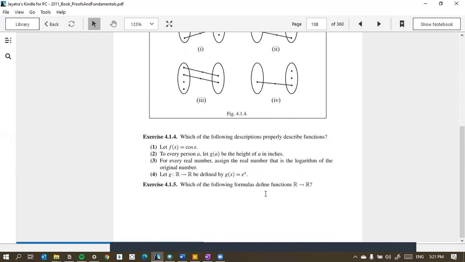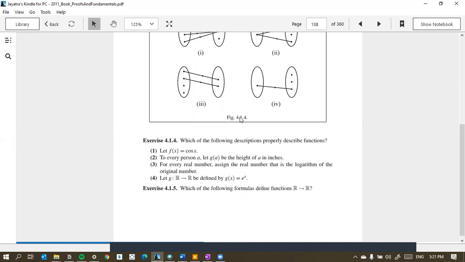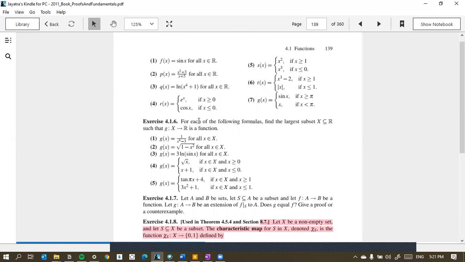Which of the following formulas define a function R to R? Okay, let's do this one. So f(x) is equal to sin x for all x belonging to R. So first of all, is this function properly defined for all x? Given any x in R, can we find sin x?